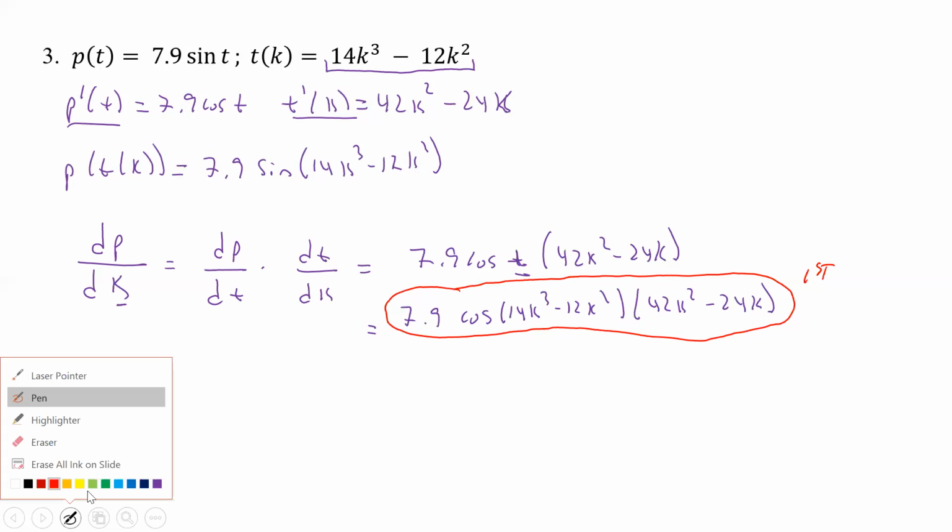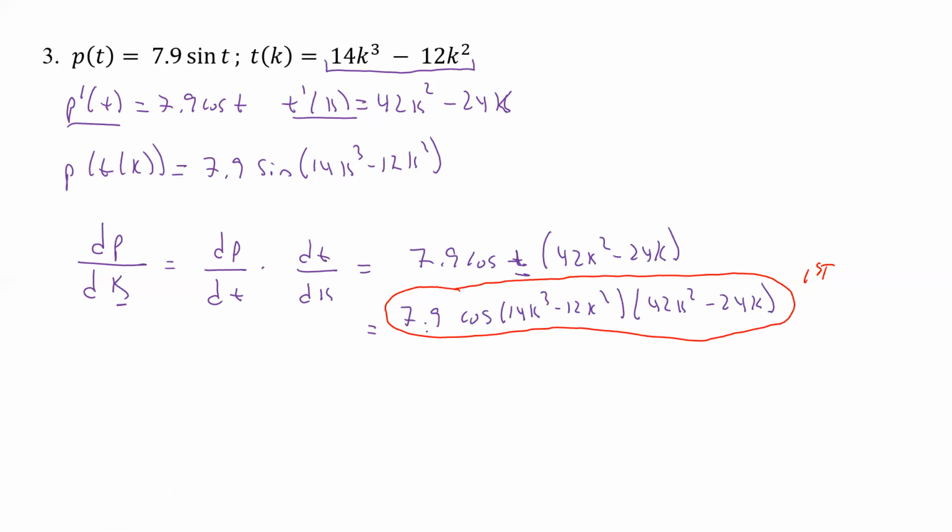Now, is that the only answer we could have? No, because it looks like I could take 7.9 times 42 and negative 24, and so that would give me cosine 14k cubed minus 12k squared times, now I'm going to take 42 times 7.9, I'll get 331.8k squared, and then minus 189.6k.